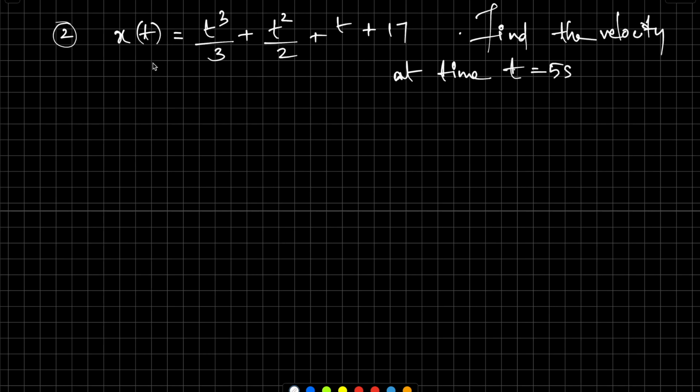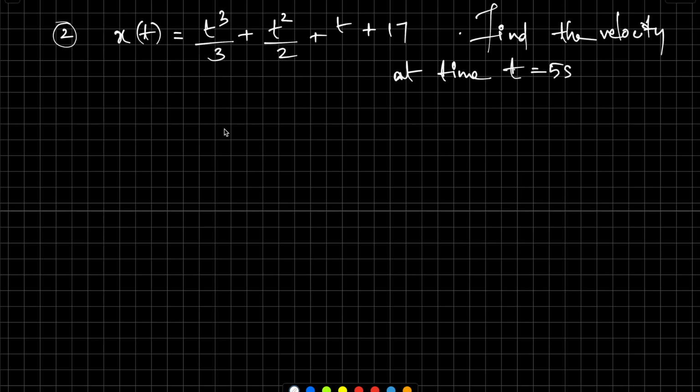So we have a position vector here, position vector as a function of time. It's a function of time, so this object is changing position over time, so it should have some velocity.